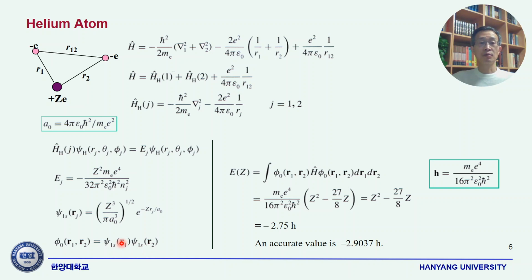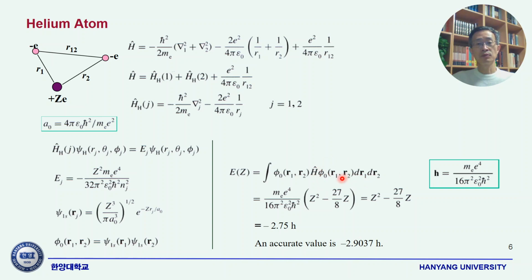Okay, that's it. So if we calculate with this total wave function, the orbital product, 1s orbital and 1s orbital, but the coordinates are different, R1 and R2. So the first electron's 1s orbital times the second electron's 1s orbital is the wave function, and we can calculate the energy. So this is the energy integral. If this orbital phi 0 of R1, R2 is normalized, this will give you the energy.